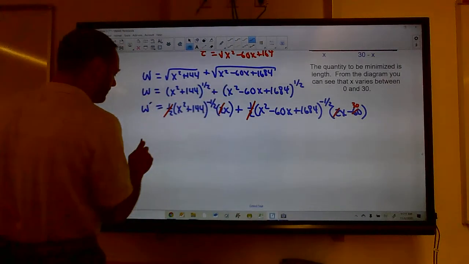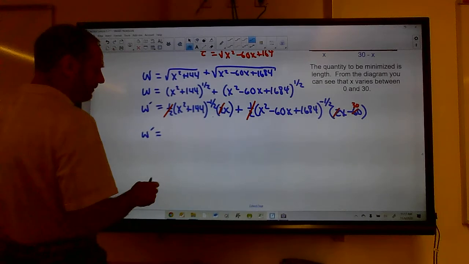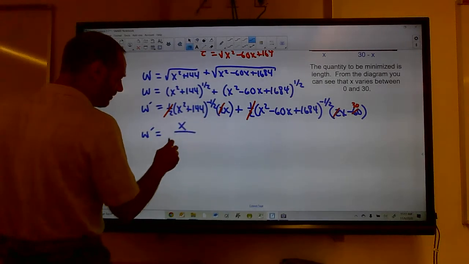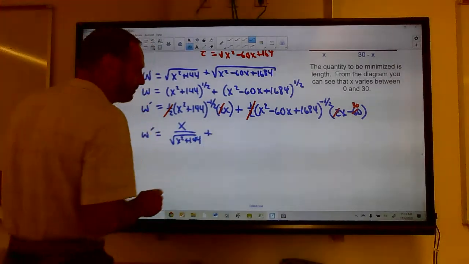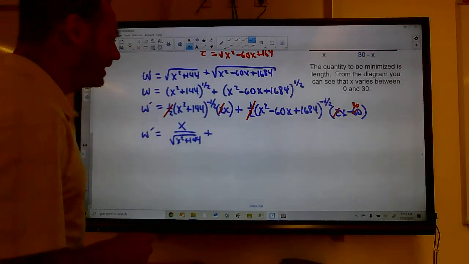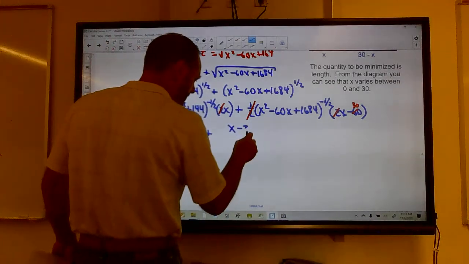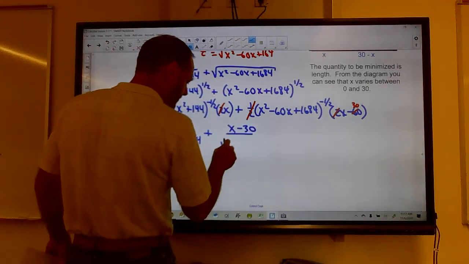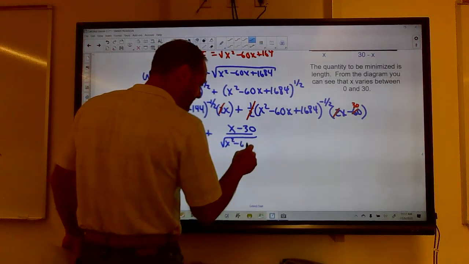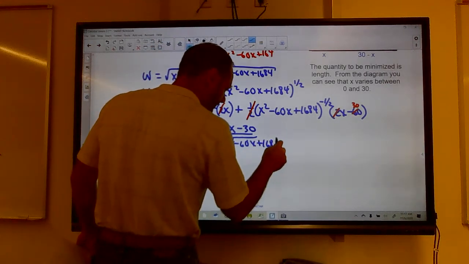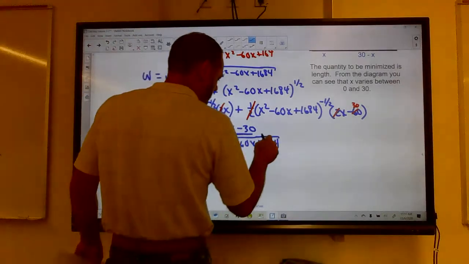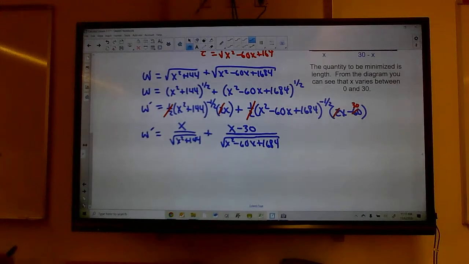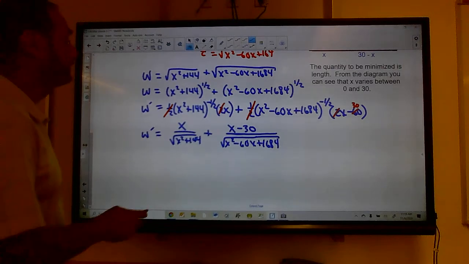And so W prime is going to be x over the square root of x squared plus 144 plus x minus 30 over the square root of x squared minus 60x plus 1684. There's my derivative, which we want to set equal to 0.